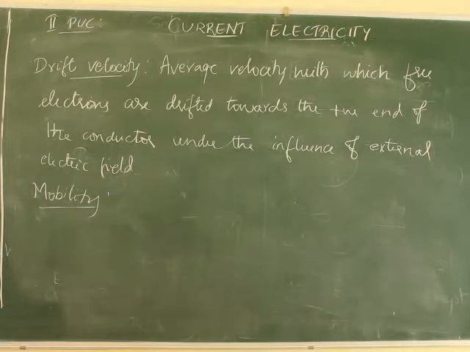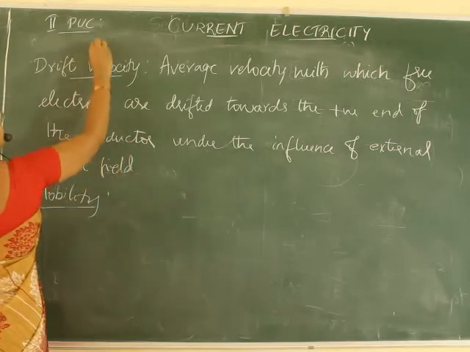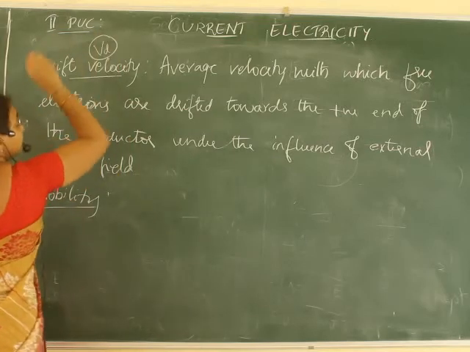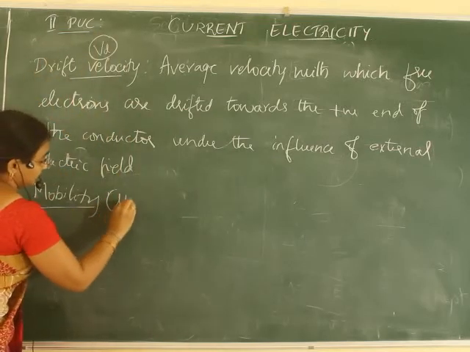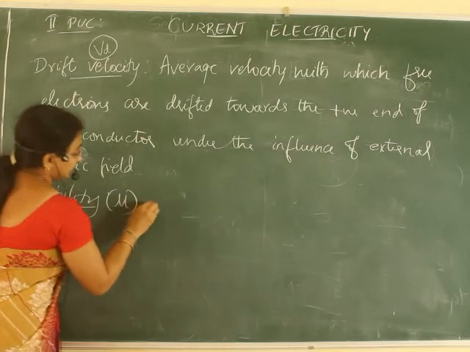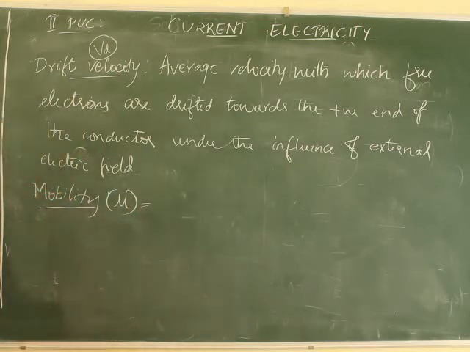Mobility is defined as the magnitude of the drift velocity per unit electric field. Mobility is given by mu and drift velocity is given by Vd. Mobility is nothing but defined as magnitude of the drift velocity per unit electric field.